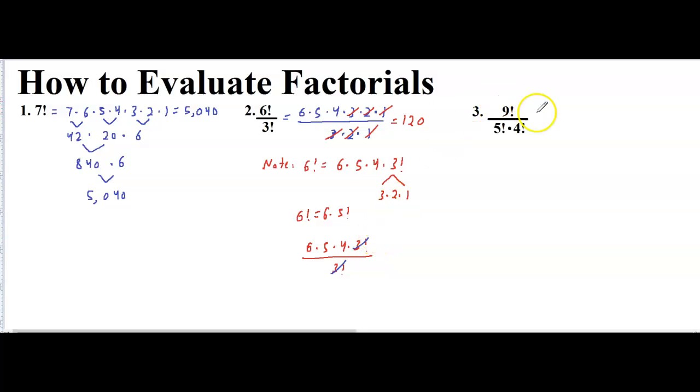And we could even use that for number 3, but maybe I'll do it both ways. So again, we just use our definition of a factorial. So 9 factorial is 9 times 8 times 7 times 6 times 5 times 4 times 3 times 2 times 1, all over 5 factorial, which is 5 times 4 times 3 times 2 times 1, and 4 factorial, 4 times 3 times 2 times 1.